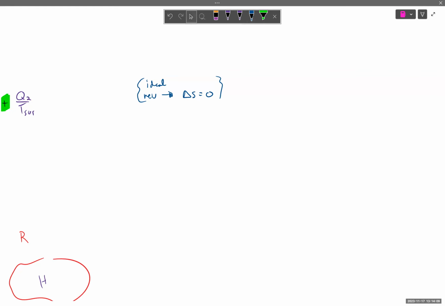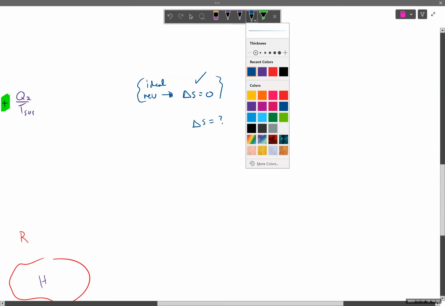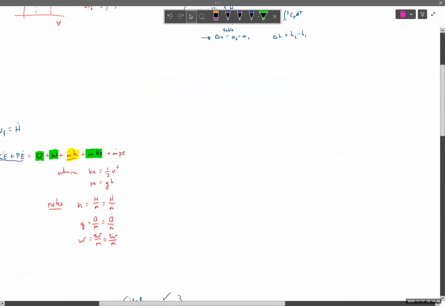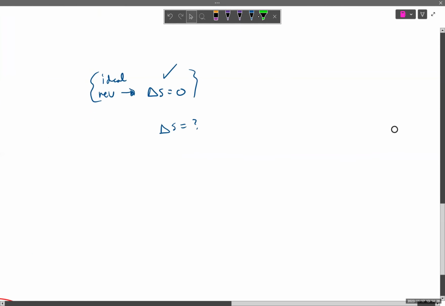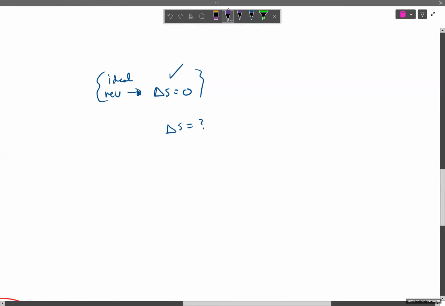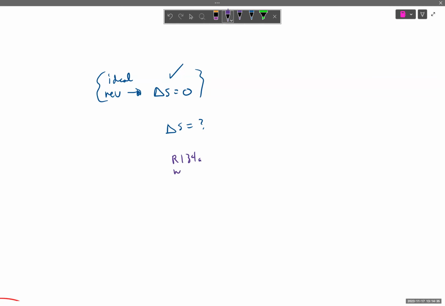And then how do you find, well, that's great, reversible, delta S is zero. But how do you generally find delta S? So kind of like what we talked about with pure substances above, when you're finding your internal energy, we said, well, it kind of depends on if you know your substance. If you know that it's R134A or water, guess what?